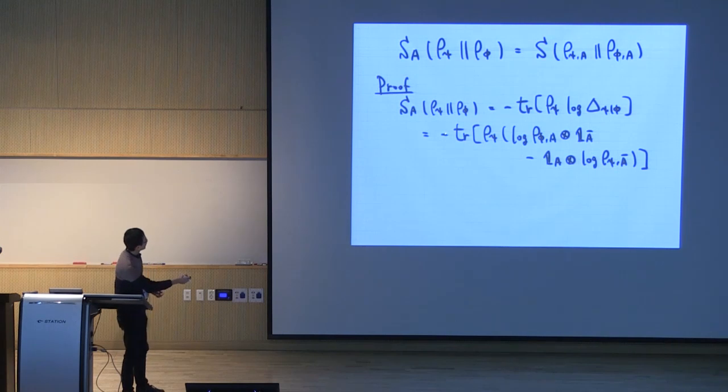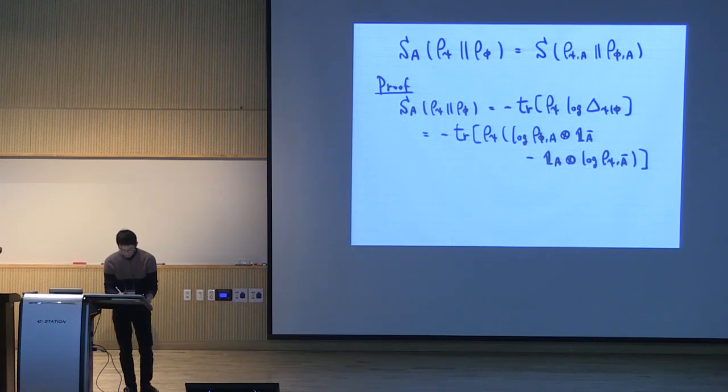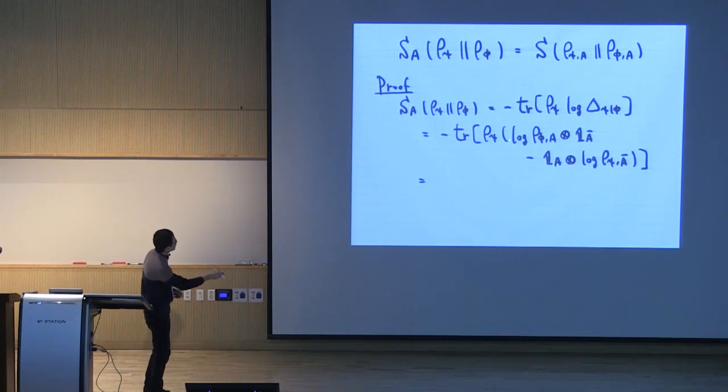Now I'm taking the trace over the whole space, but first let's evaluate the first part. Here you have a tensor product form. As we discussed previously in the computation of the expectation value of an operator localized on A, we do the same thing.